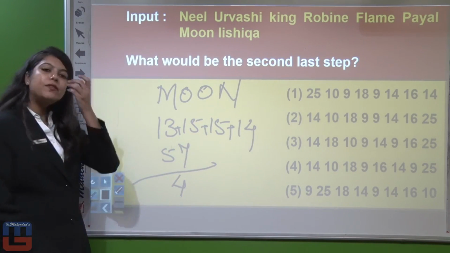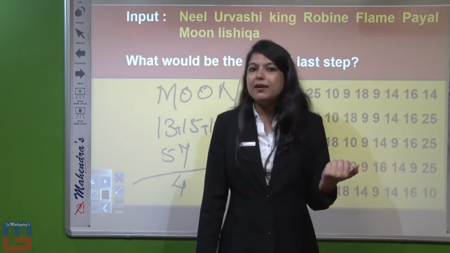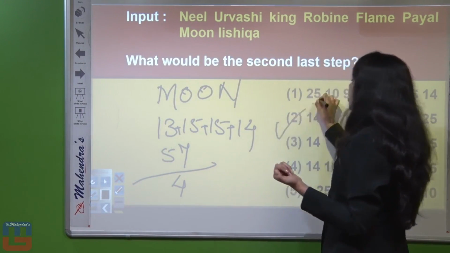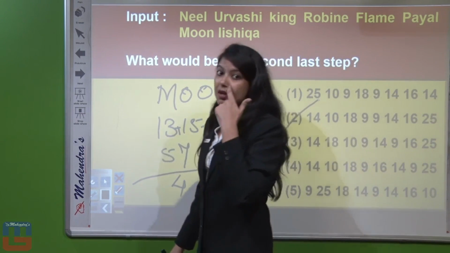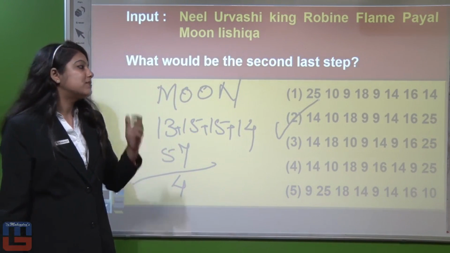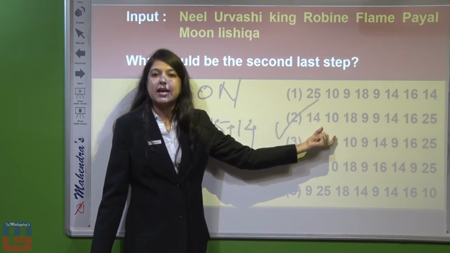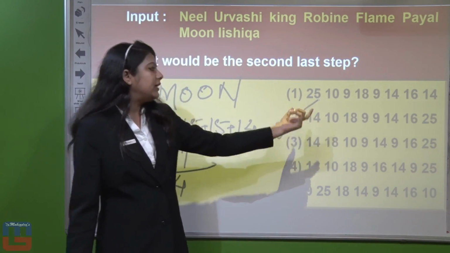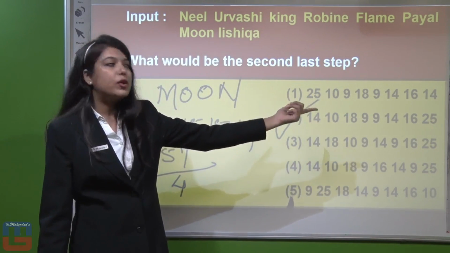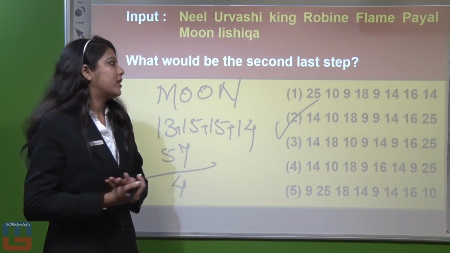Dividing it by 4, we get the first value as 14. Now 14 will be our value, and this can be option number 2 as our answer, because after moon we are taking king, and king's values will get us 40, which after dividing gives us 10. That means 14, 10, 18, 9, 9, 14, 16 and 25 will be the option for this question.